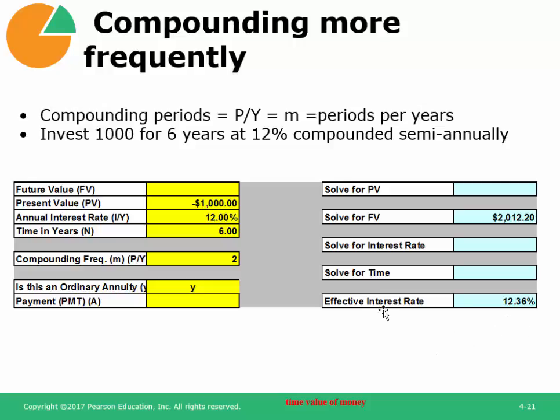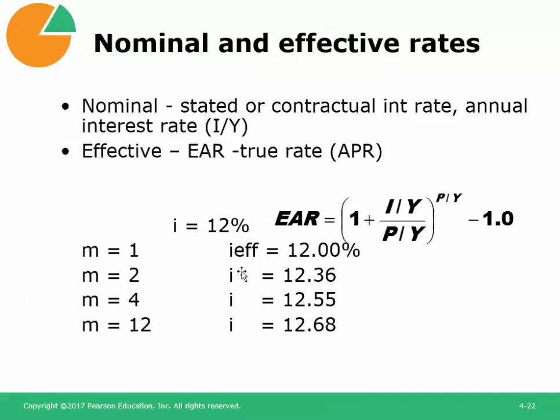And if you look down below, we'll talk about this in a second, you have what's referred to as the effective interest rate. So you actually earn a little bit more money because we compound more frequently than once per year. And that really is the next topic here. The nominal rate, as we mentioned earlier, is the stated or the contractual rate. The effective rate is the actual true rate, the APR, the annualized percentage rate.